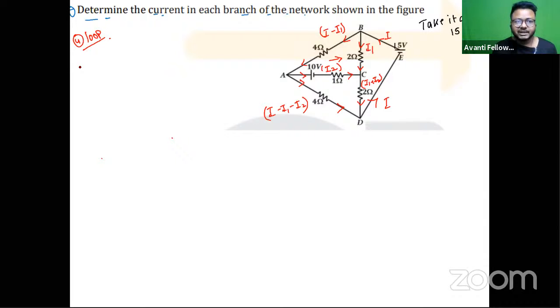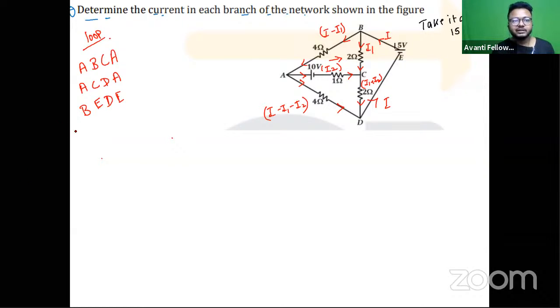One loop is, see, I'm writing down the loops. If you can see it, A, B, C, A. This is your first loop. Second loop is A, C, D, A. This is your second loop. Third loop is, so you have more than four loops actually, B, E, D. So this is your third loop.